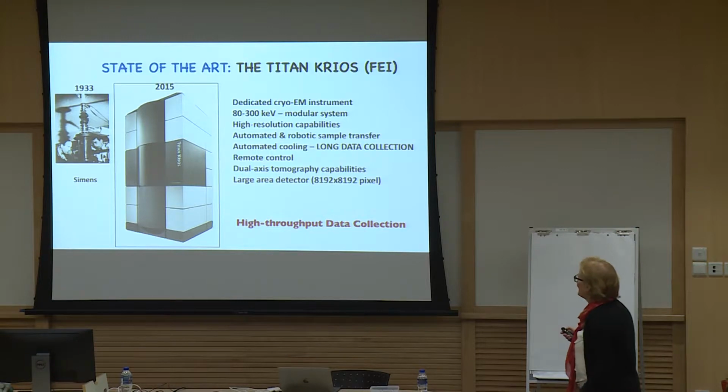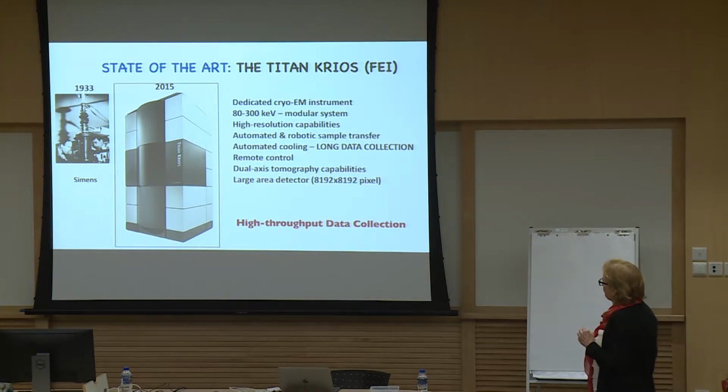Or rather, the microscopes work, but the people who assemble them don't seem to know exactly what they're doing. Anyway, now a microscope just looks like a box, is covered, and it's a 300 kilovolt microscope, has high resolution capabilities.